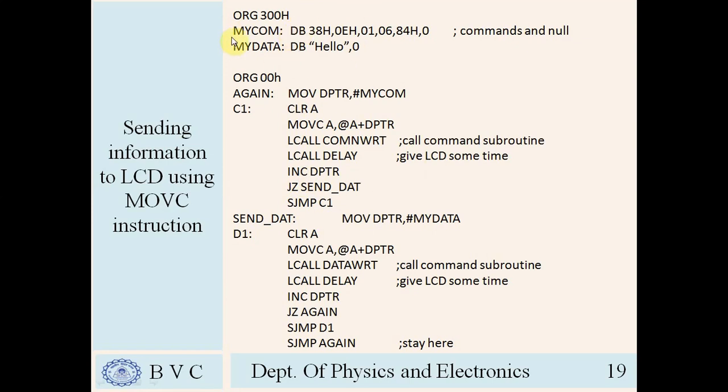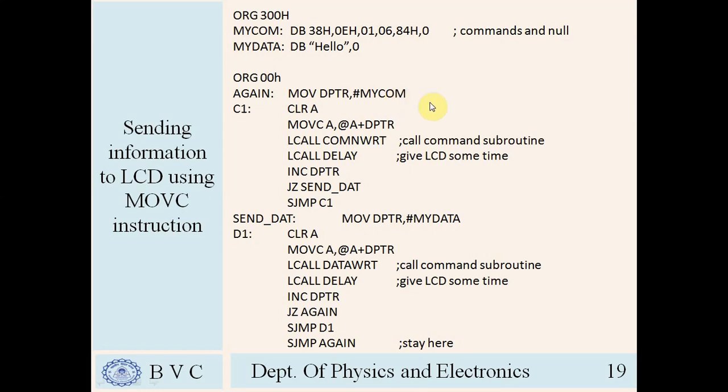We are using the DB directive. 38 is the first command, 0E is the next command, 01 is the next command, 06 is the next command, 84 is the command, and 0 is to identify that this is the last command, so we are giving 0.